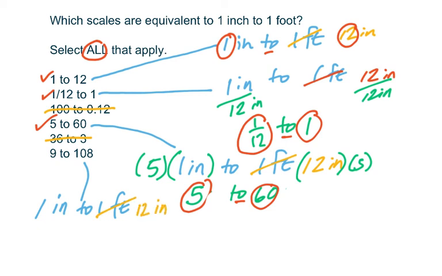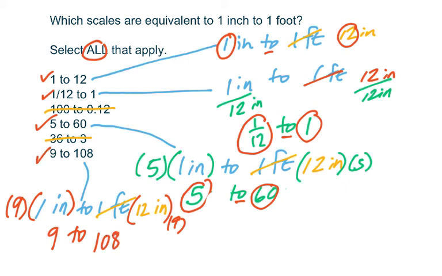Now this time I'm going to be multiplying by 9 rather than multiplying by 5, and I'm going to see what happens. So I end up with 9 times 1 is 9, to, and then when I multiply 12 inches by 9, I also get 108 inches. So this one becomes also equivalent to 1 inch to 1 foot.